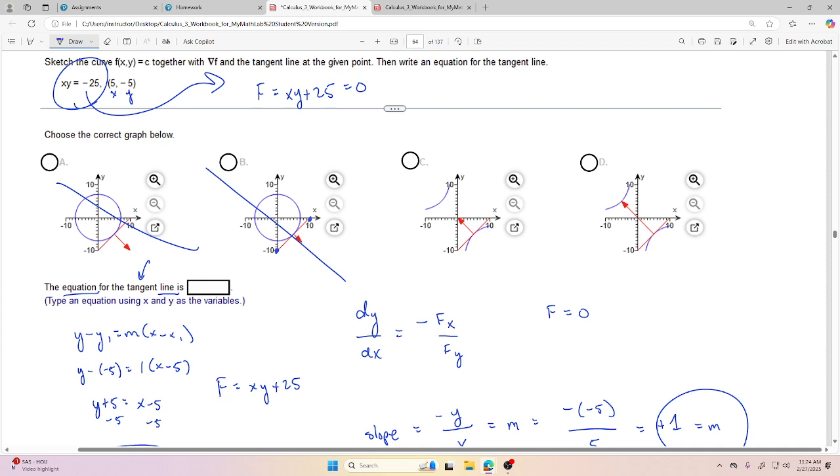Now, which one would have that vector? Give me a second here, because it's a curve sketch together with grad f and a tangent line. Okay, grad f. Let's do it again.